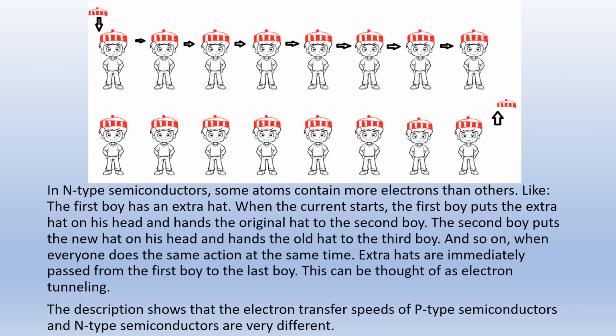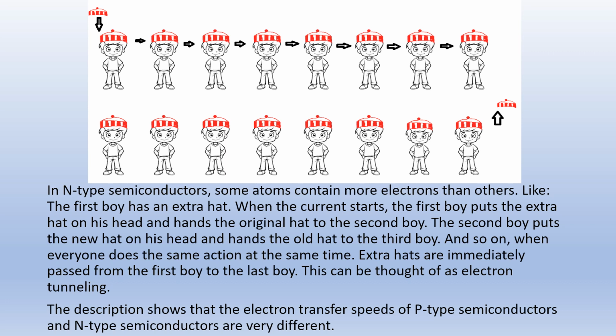In N-type semiconductors, some atoms contain more electrons than others. Like, the first boy has an extra hat. When the current starts, the first boy puts the extra hat on his head and hands the original hat to the second boy. The second boy puts the new hat on his head and hands the old hat to the third boy.